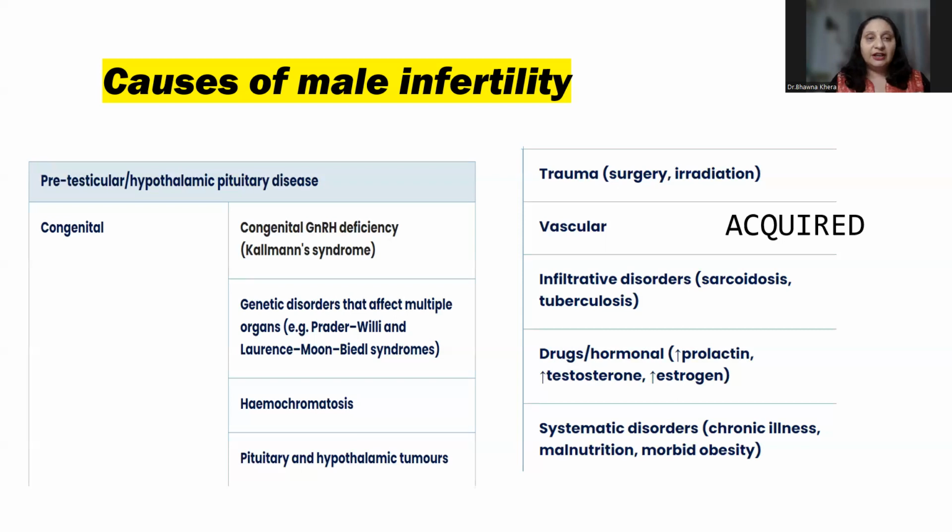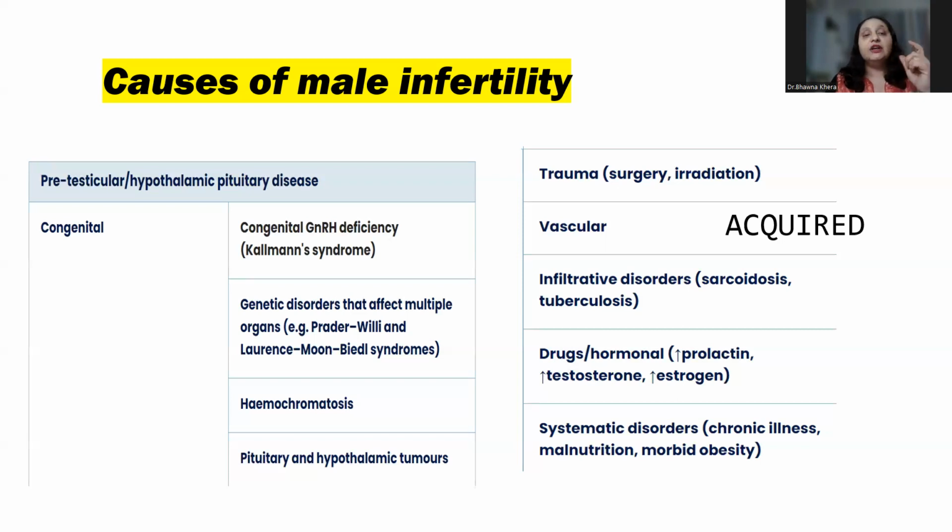Now, there are 2 types of causes in this: certain congenital causes and certain acquired. Congenital is when there is deficiency from birth, like GnRH deficiency, where it is Kallmann syndrome. What is Kallmann syndrome? There is deficiency of GnRH and there is anosmia, loss of smell.